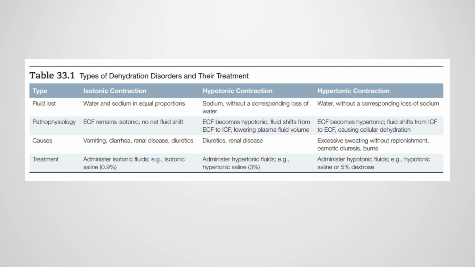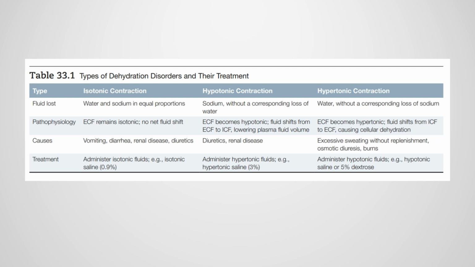So if you're losing equal amounts of water and sodium, then you'll be down overall in terms of your fluid status, but it'll be an isotonic loss, meaning you've lost sodium in equal amounts and you've lost water, so free water in equal amounts. So your extracellular fluid remains isotonic. There's been no net fluid shift because what you've lost is salt and water.